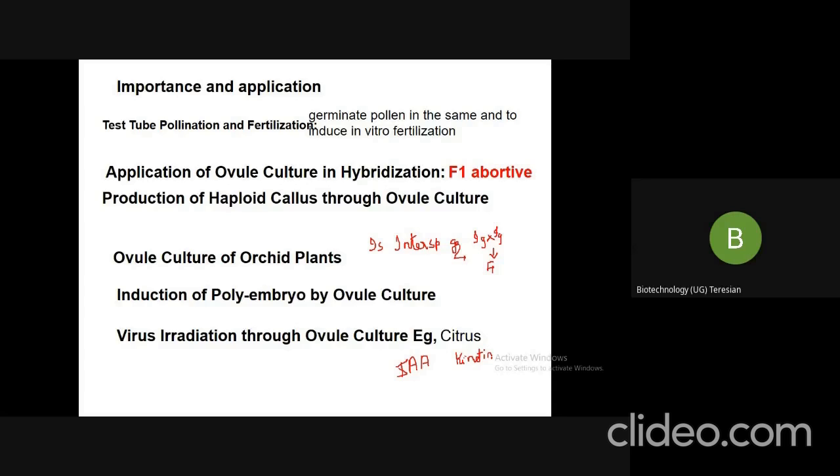In nature, the seeds of this orchid plant germinate only in association with the proper fungus. As a result, numerous seeds are lost due to the unavailability of the proper fungus. If the fungus is not present, the seeds are lost because they can develop only in association with the proper fungus.